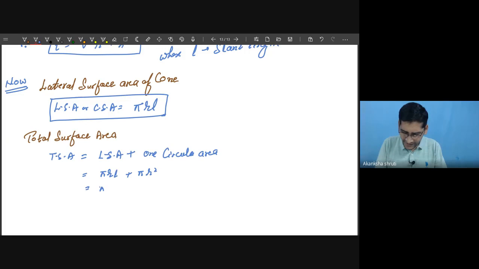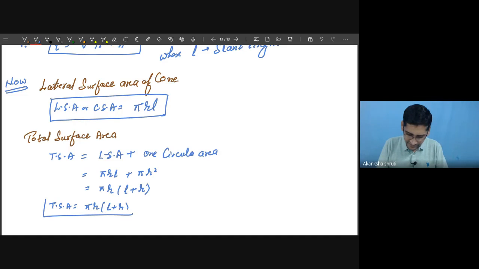So taking pi and r as common, what can we have? We can have L plus R. Are we getting? So TSA is obtained by taking pi r outside, then L plus R you have to take. It is this one. Okay, students?